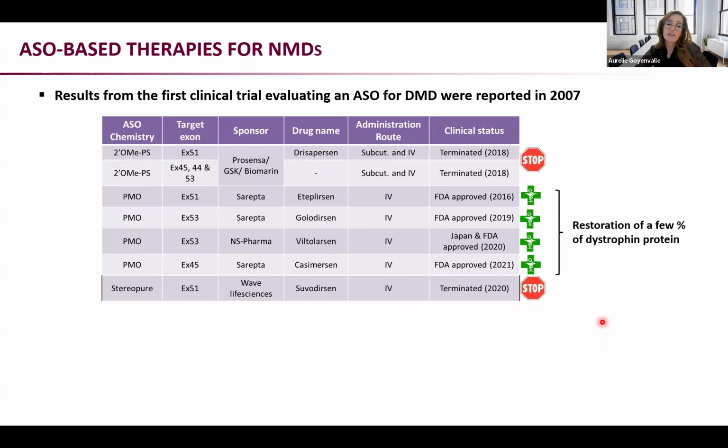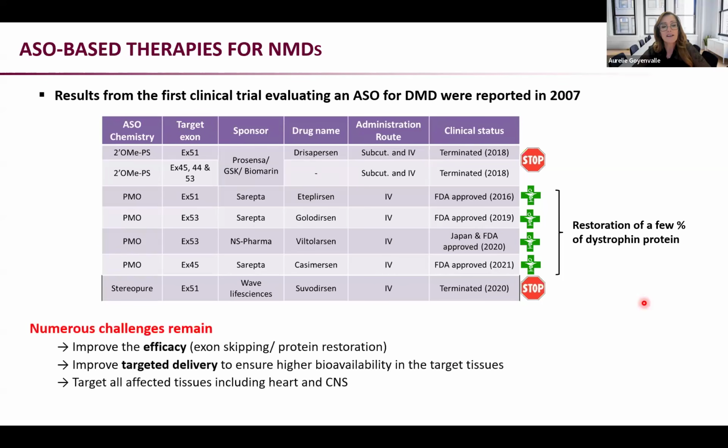And also that the currently approved chemistry only restore a few % of dystrophin protein. So there are a lot of challenges still ahead. And in particular, we still need to improve the efficacy of the strategy and in particular improve the targeted delivery to ensure a higher bioavailability of these compounds, and target all the affected tissue, which is not little considering a muscular dystrophy.